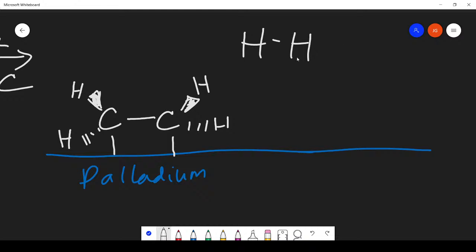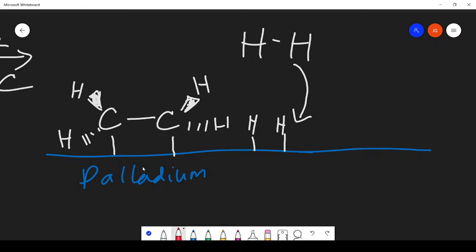We have our hydrogen bonds here, and what they're going to do is bond to the palladium surface as well. And what's going to happen here is now we can have this attack, this whole thing that we showed before. So we need this palladium surface to get this reaction to happen.